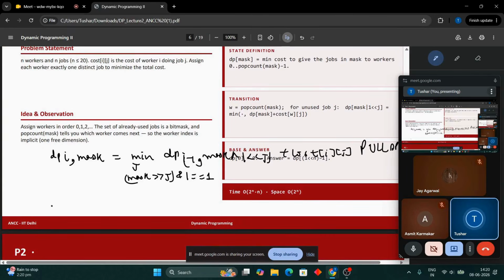And we can also do it this way: if we are currently at some state i comma mask, which we have already calculated, where we have distributed certain jobs to the first i persons, now from this state we iterate over the job to be assigned to the i plus 1 person. Say the job is j. So this jth bit must be unset in this mask.